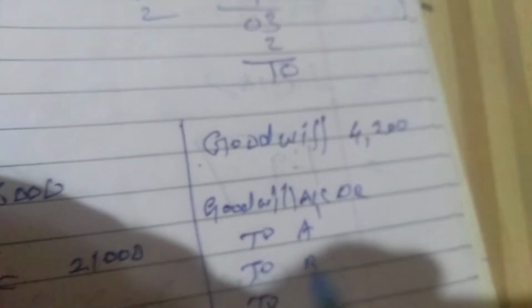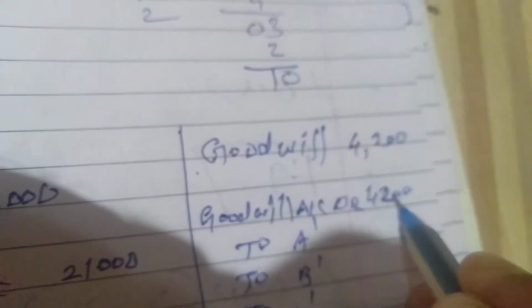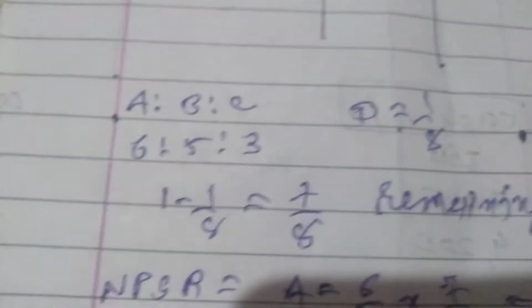So cash to goodwill, and goodwill account debit to all partners. To A's capital, to B's capital, to C's capital. So 4,200 should be distributed in the sacrifice ratio. The sacrifice ratio is the same as the old ratio, 6/14, because 6:5:3 is the old ratio and that will be the sacrifice ratio.